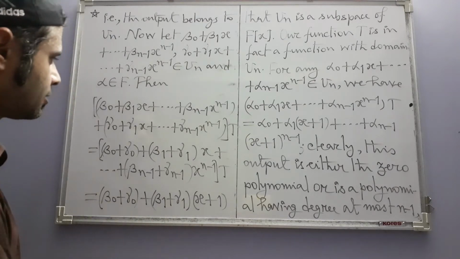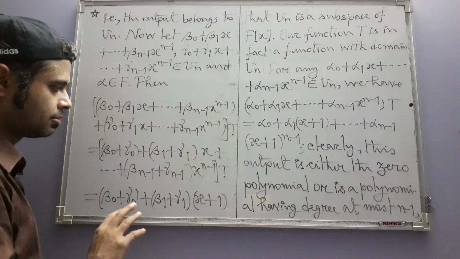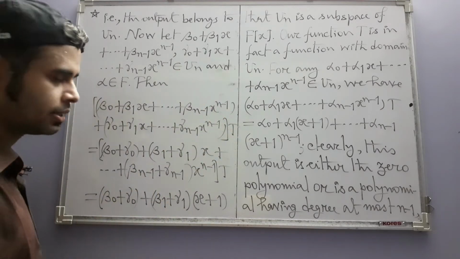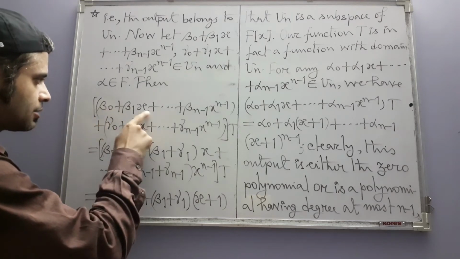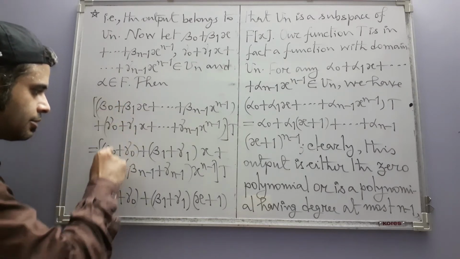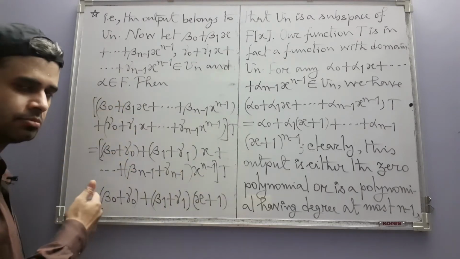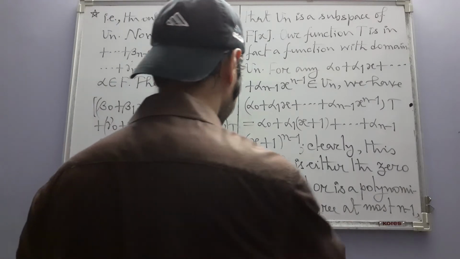So if one wants, one can simply treat these polynomials like how we normally treat them. For example, beta naught plus beta 1 x means actually the sum of these two polynomials. So in that sense, I was saying rearranging them, we get this. But now of course we continue our calculation.